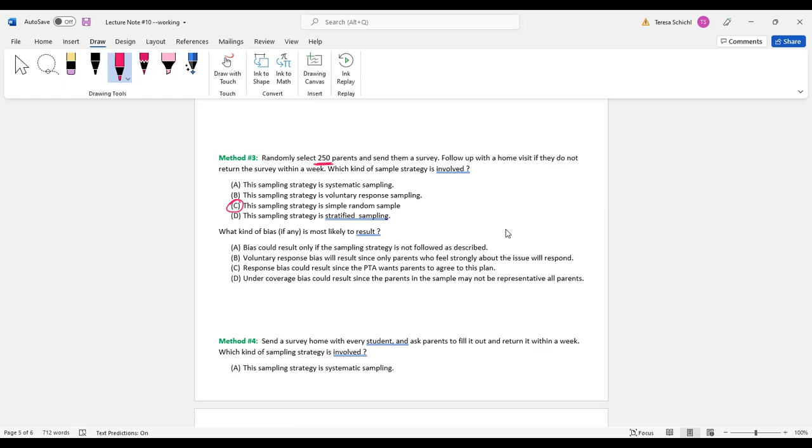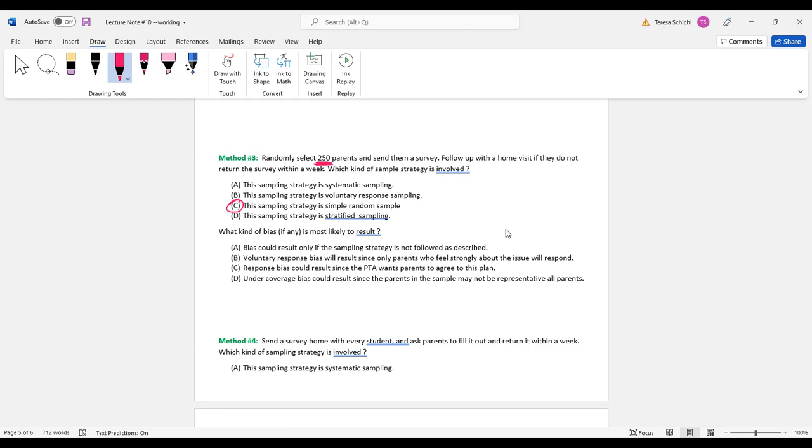Randomly select 250 parents from the whole school, then give them the survey. If they don't answer, then they will physically go visit to get the answers. So what kind of bias could result?